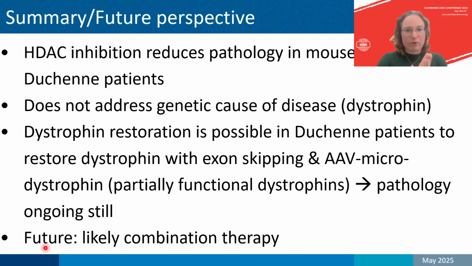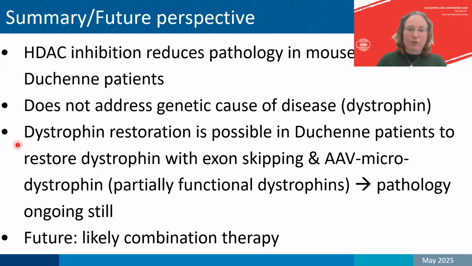So looking toward the future, there's evidence that HDAC inhibition reduces pathology in mouse models and Duchenne patients. But of course, this is a new treatment, so we don't know the long-term effects yet because it's new. What it doesn't do is address the lack of dystrophin. So dystrophin is still not there, so the pathology will still continue.